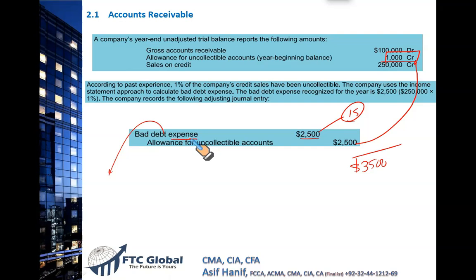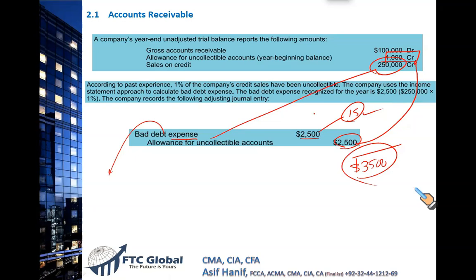We'll discuss this in a little while. So now this 2,500 goes to income statement as a charge, as an expense, so that it can be matched against the current year revenue. Fine, makes sense. And the credit part, 2,500, adds up to the existing balance of your allowance and gives you a total balance of 3,500 in your allowance for uncollectible accounts.